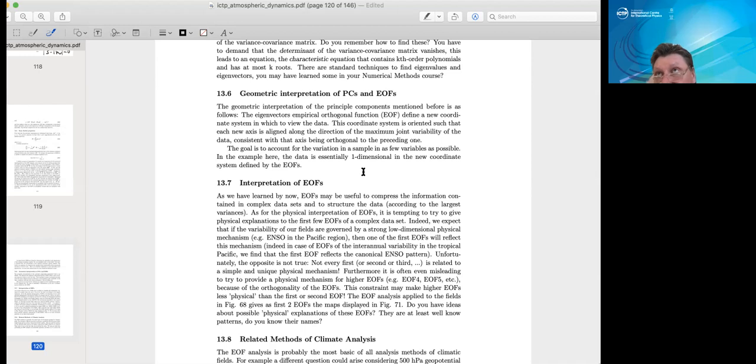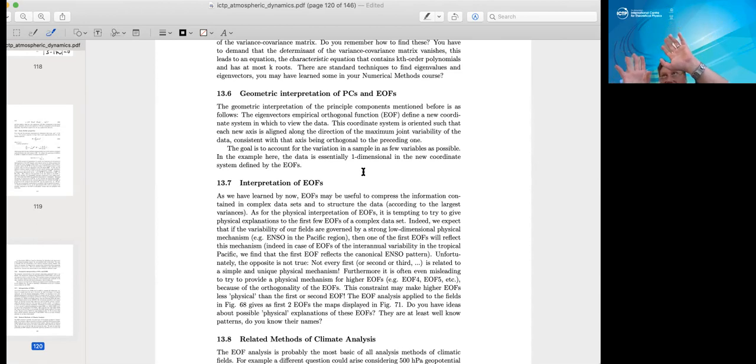Often, EOF analysis is used to define patterns and indices, instead of just saying, oh, I take the difference between here and there because I like it. You say, I don't understand much about the data, but what pattern explains most of the variance? Is there any pattern that stands out?